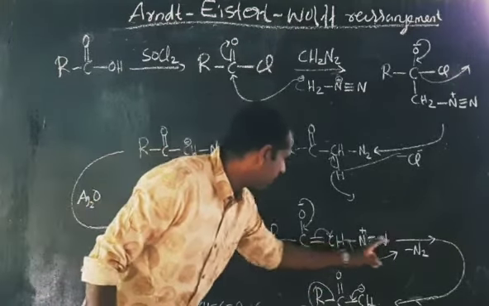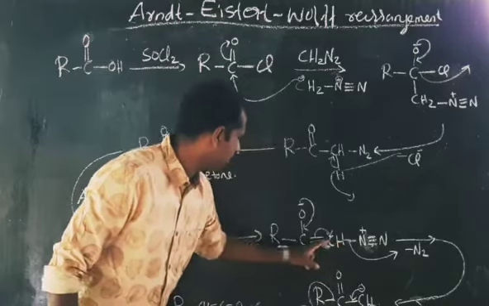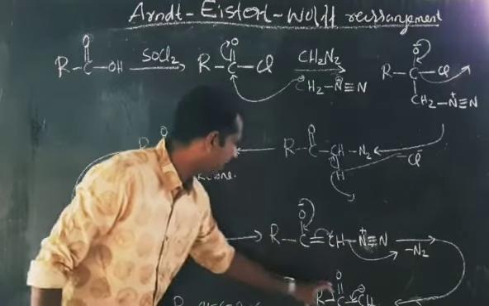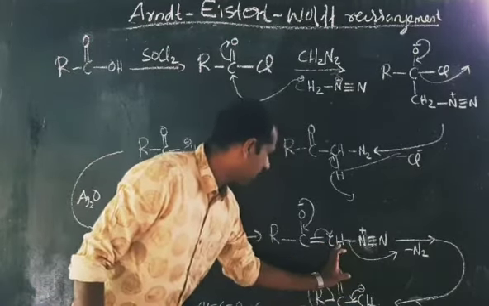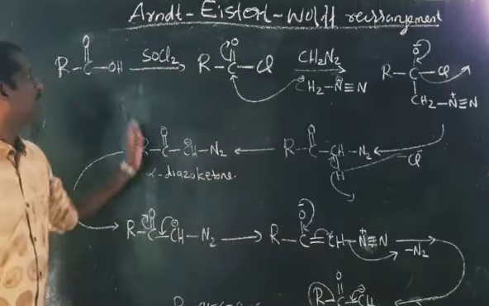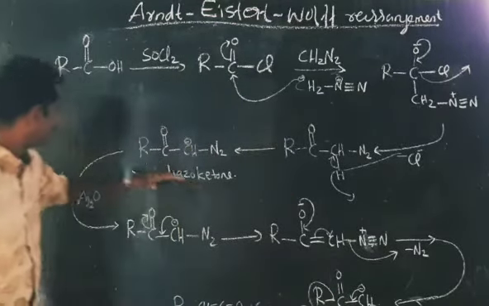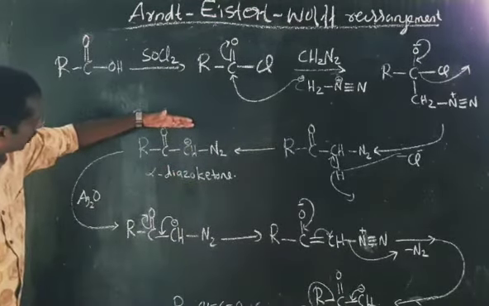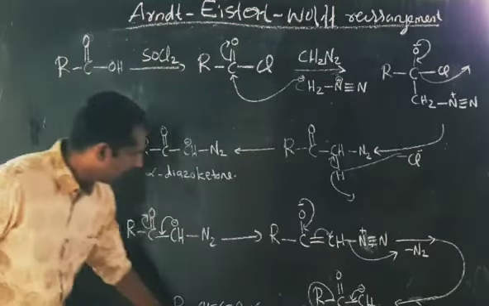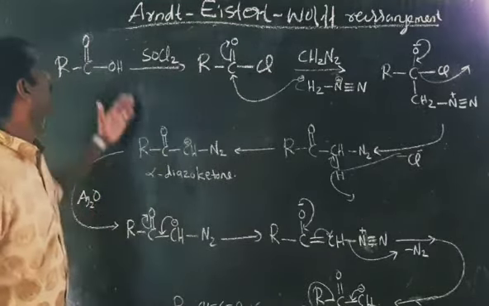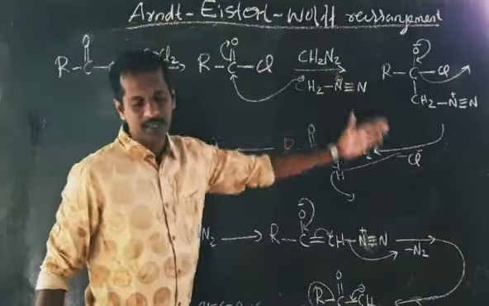When nitrogen is removed from this carbon, at that same moment the R breaks from this carbon and attaches to the next carbon, and we get ketene. This is the mechanism of the Wolff rearrangement from diazoketone to ketene. The entire sequence is known as the Arndt-Eistert rearrangement.